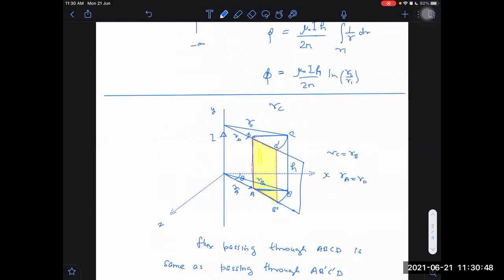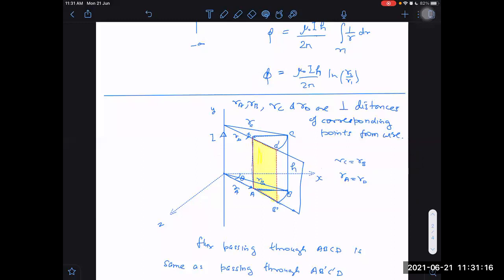RA, RB, RC, and RD are perpendicular distances of the corresponding points from the wire or from our y-axis.